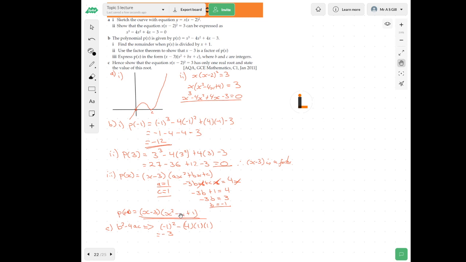The quadratic part gives a discriminant of -3, and we say therefore x squared minus x plus 1 has no real roots as the discriminant is less than 0.